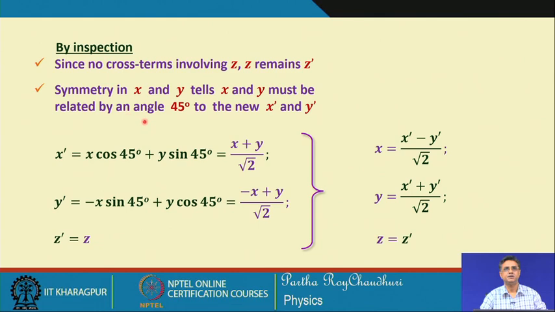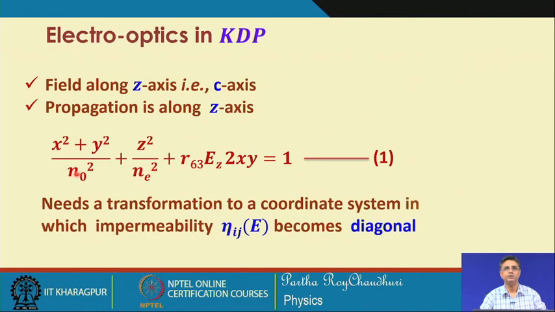Because this problem is very well known, we have discussed quite a few number of times, we will give a Euler angle rotation of 45 degree about z axis, because x and y are interchangeable, and it leaves the equation unchanged.